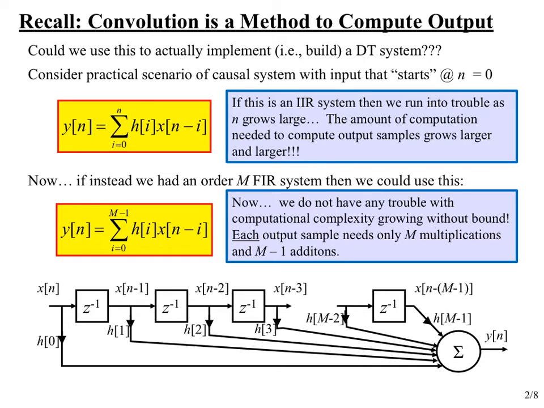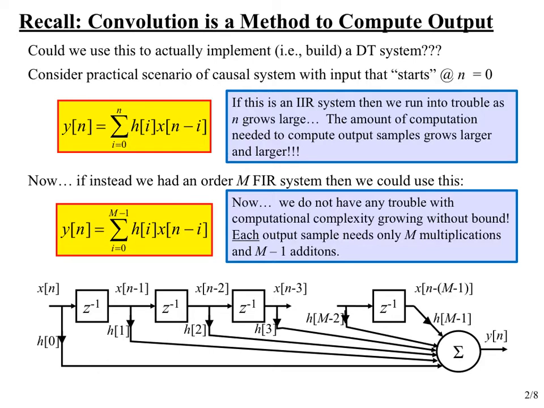If we look at this diagram on the bottom, remember each one of these z inverse boxes is just a delay box. We can also view it as just a memory location that holds something, and initially each one of those will be loaded with 0. Those are the 0 initial conditions.